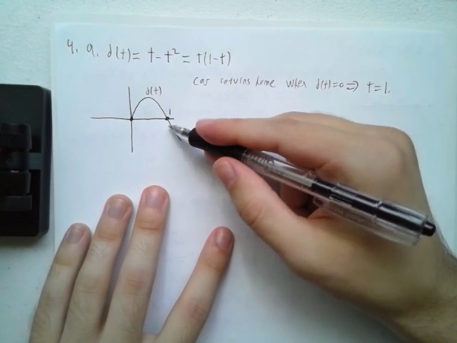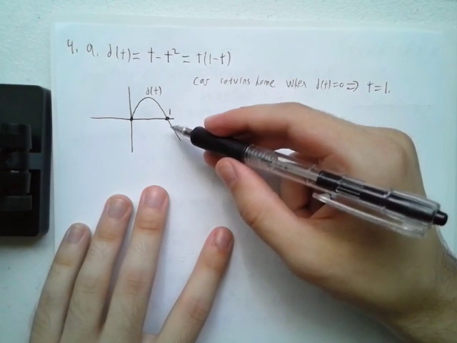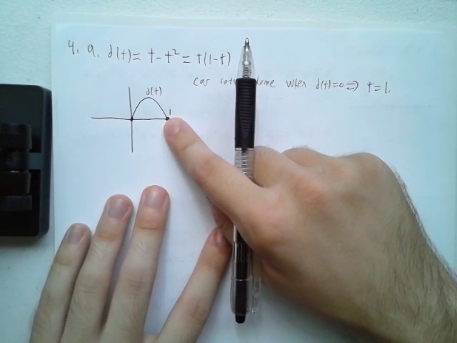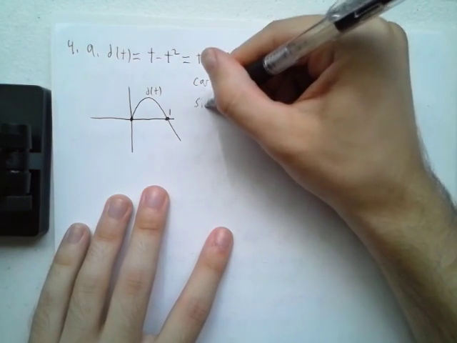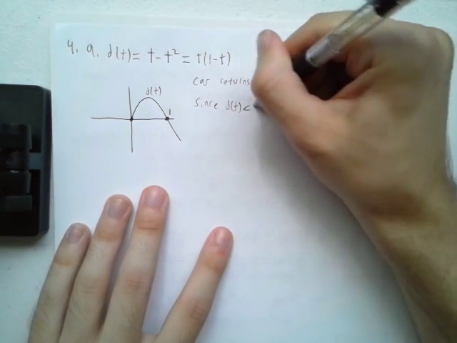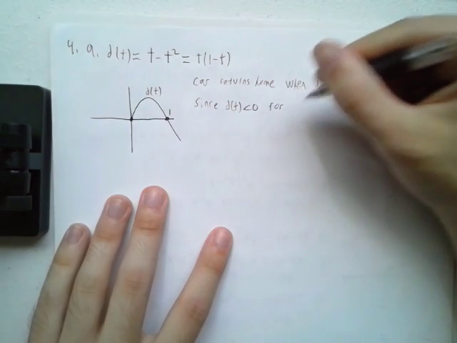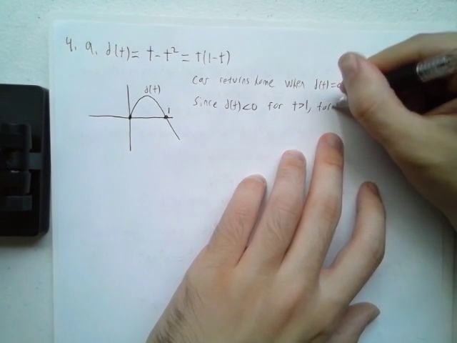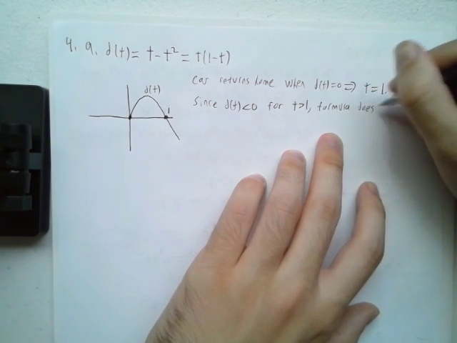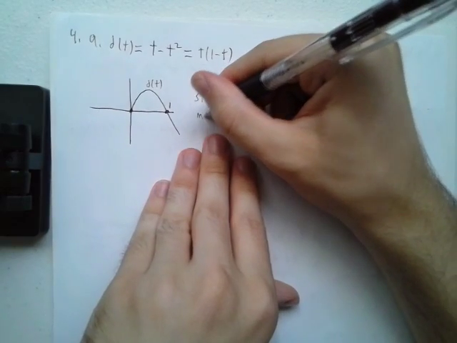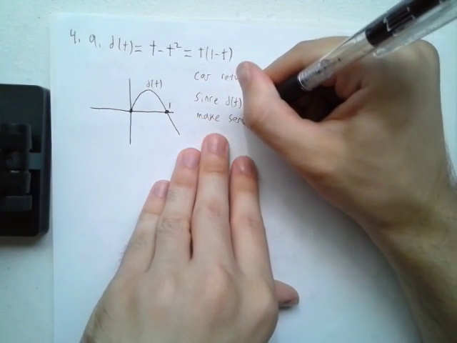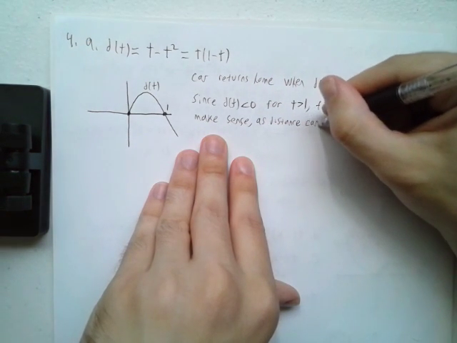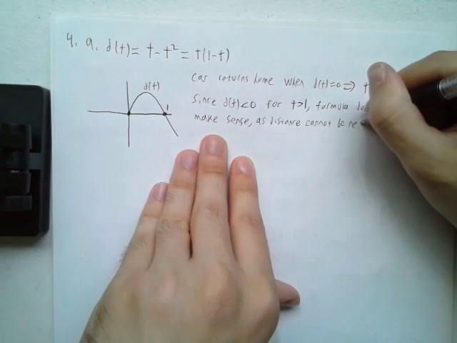So therefore it makes more sense to say that we just want to limit the domain of our function to only this region. So since d of t is less than 0 for t greater than 1, the formula does not make sense as distance cannot be negative.